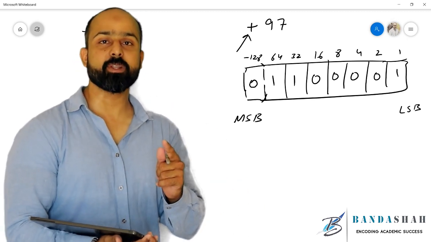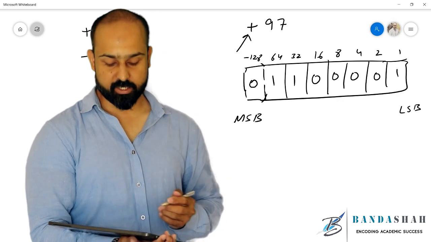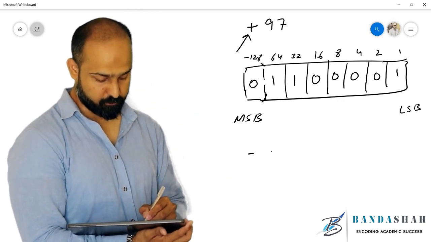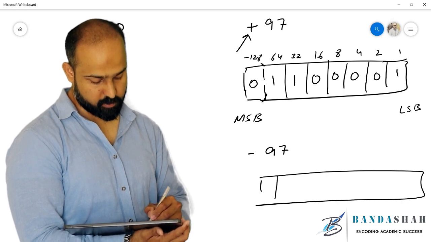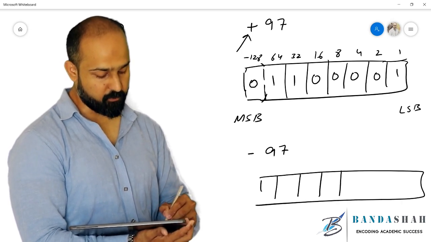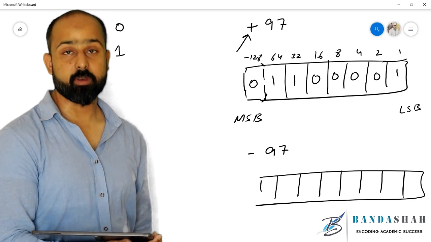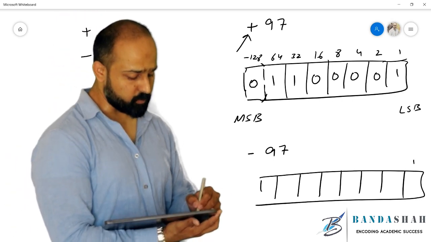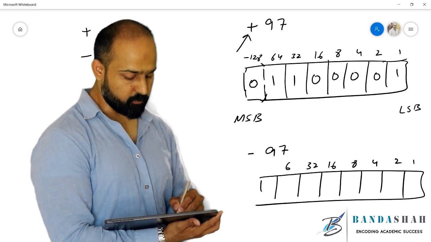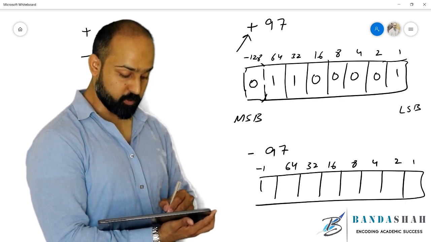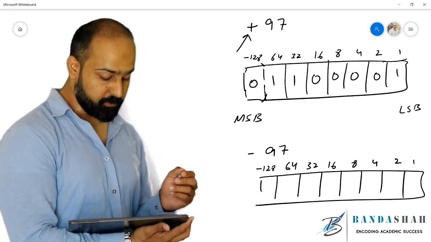What if we need to represent minus 97? Let's see. In 2's complement, you have an 8-bit register. The power goes like this: 1, 2, 4, 8, 16, 32, 64, minus 128, because it's a signed integer.